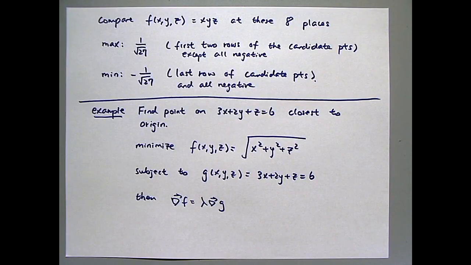Yeah? Instead of the hassle that we're going through, can we just find maxima and minima like we did the very first time and then subject the points to the constraint?